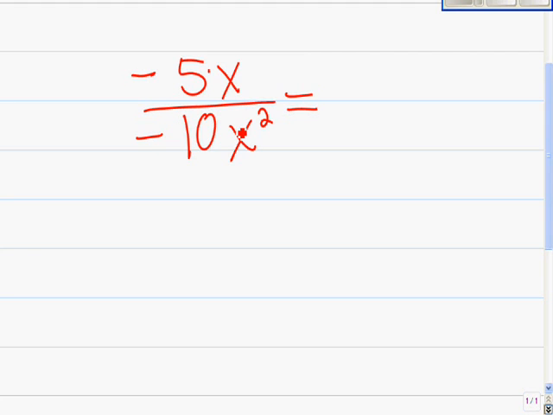That's a common factor. For instance, 5 times 1 equals 5 and 5 times 2 equals 10. So 5 is a common factor because it's a factor of 5 and 10. So that means that this can be reduced. Now I'm going to divide by 5.